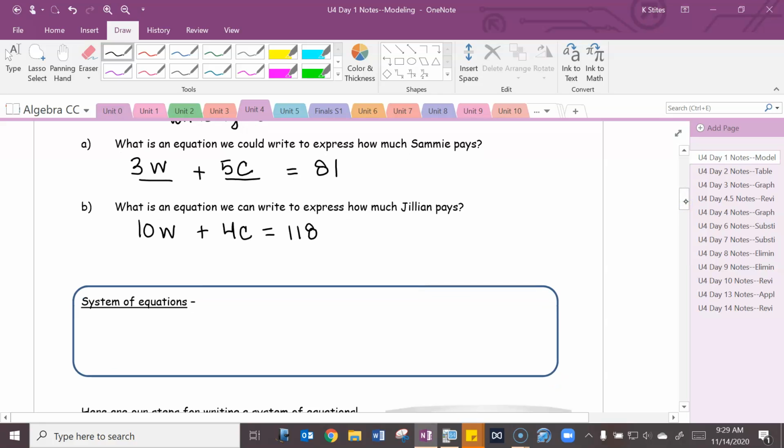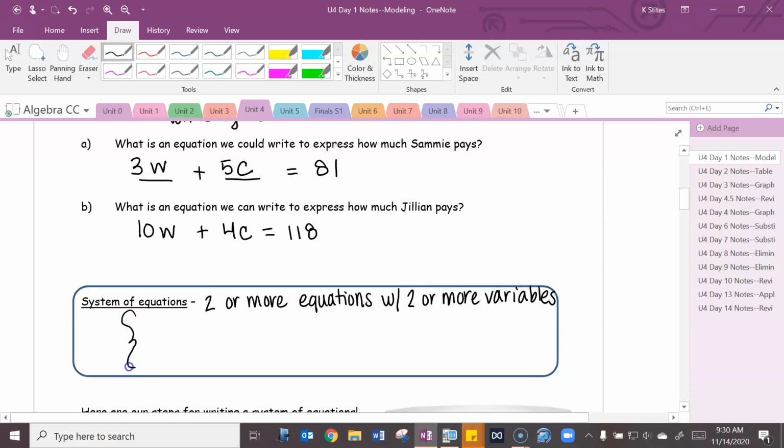Okay, so this is called a system of equations. A system of equations is 2 or more equations with 2 or more variables. Now, we are going to focus on 2 equations with 2 variables, but technically you could have 3 equations with 3 variables.